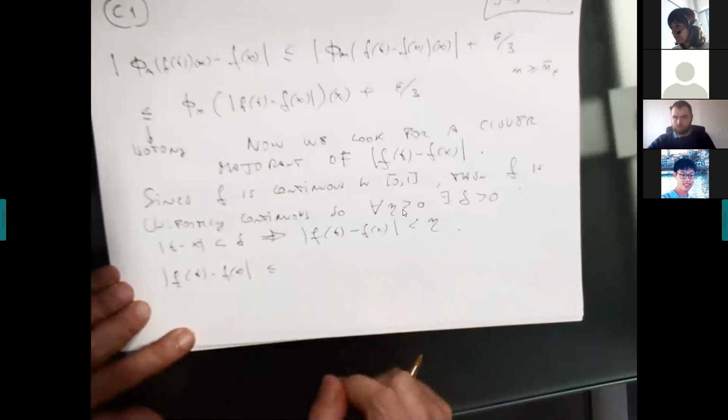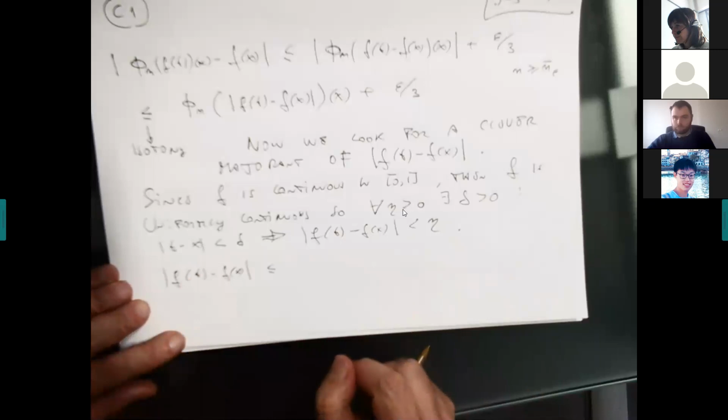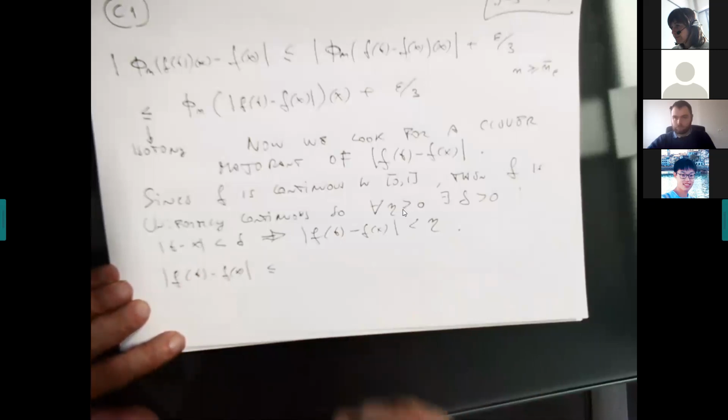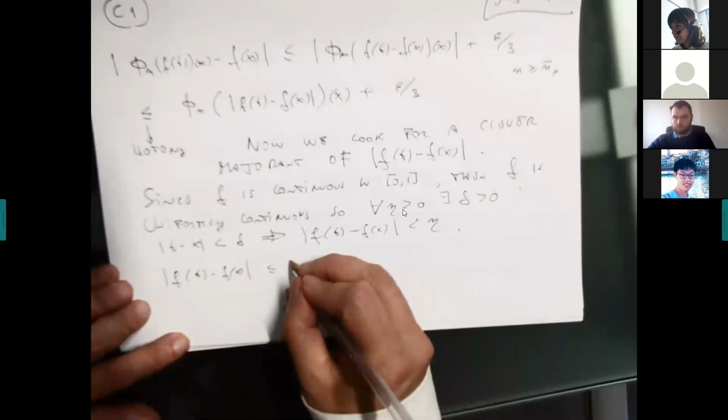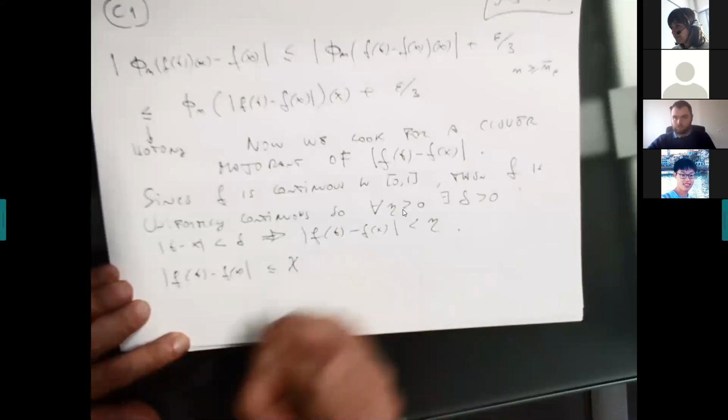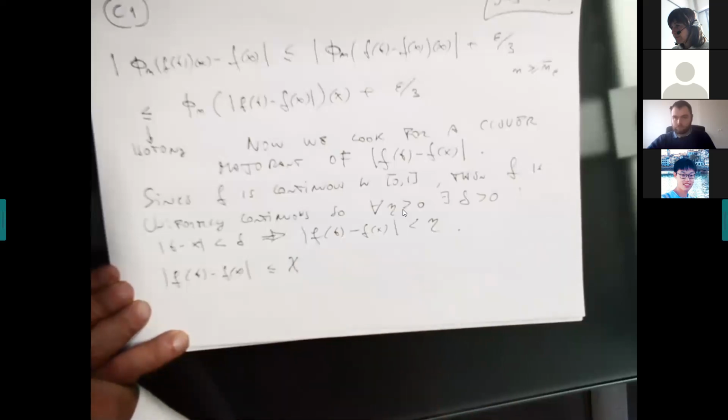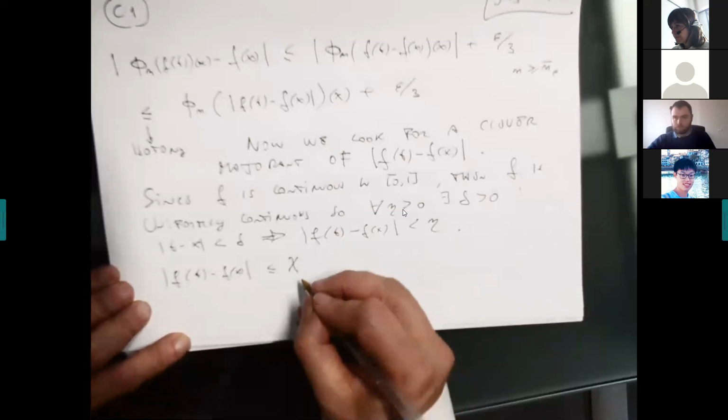How do you call the characteristic function of a set? The function which is equal to 1 if something belongs to the set and is equal to 0 otherwise. Can I call this with this symbol, chi? Okay.